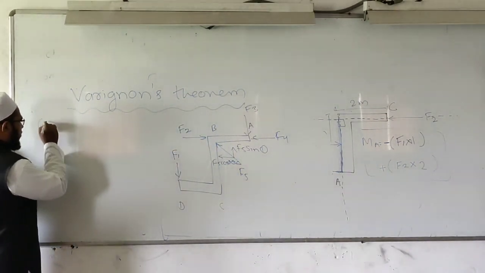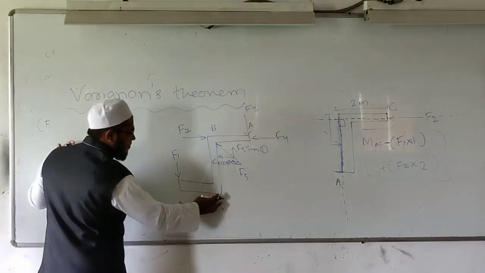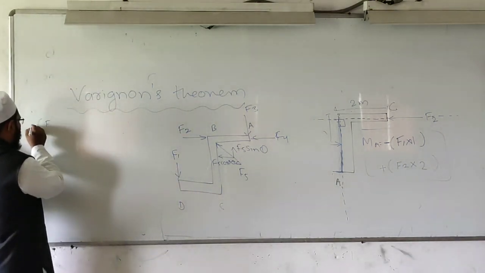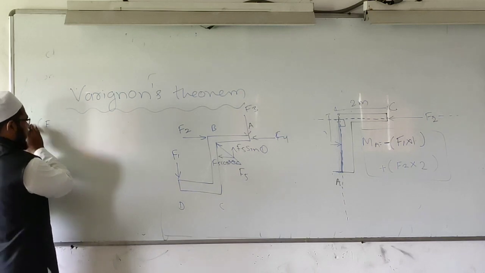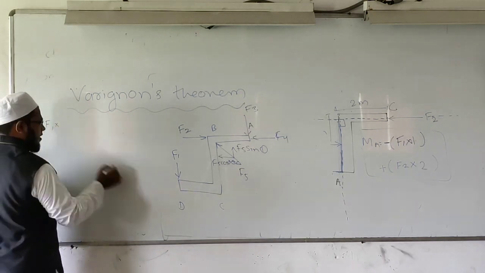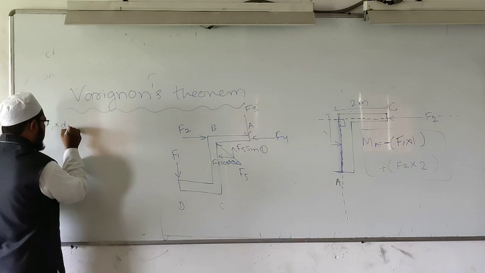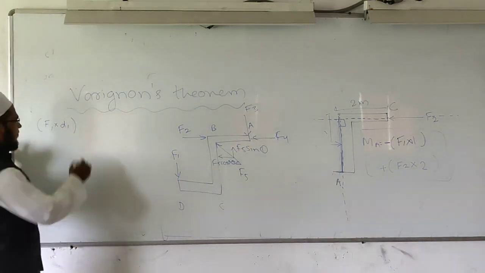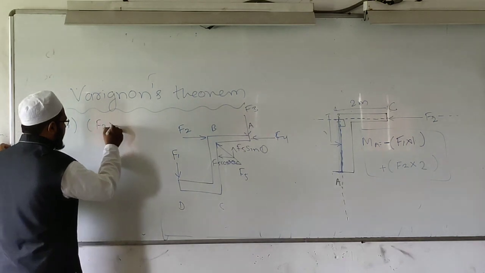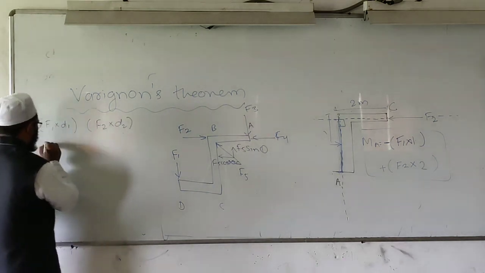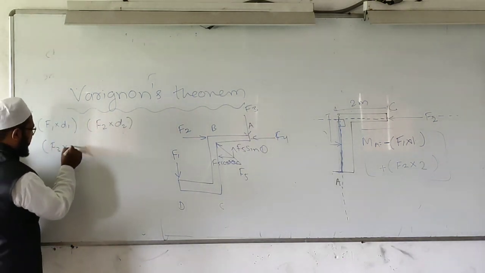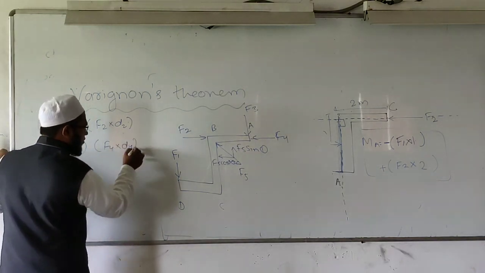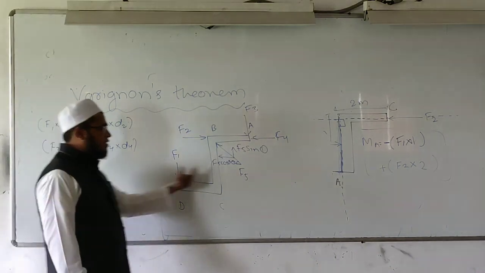Algebraic sum of moments means, for example, I will say my moment center is C. Then the algebraic sum of the moment will be F1, assuming D1 is the perpendicular distance from C, F2 D2, then F3 D3, then F4 D4, and F5 has two components.